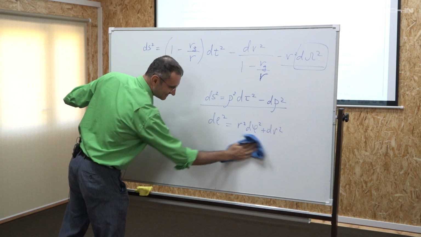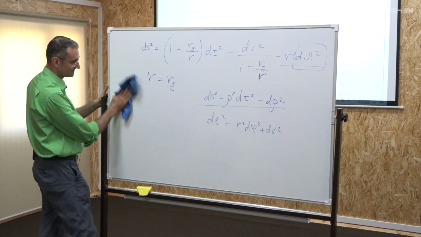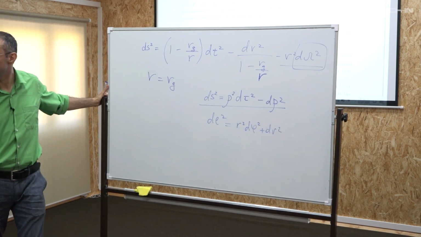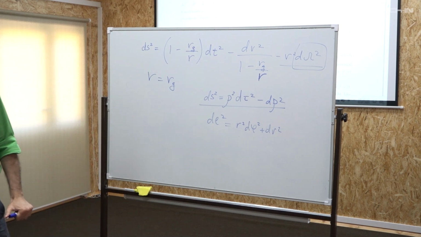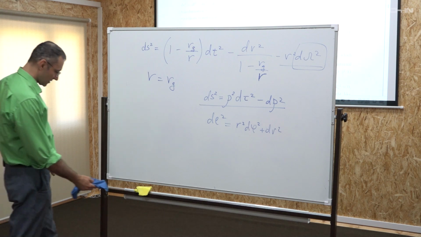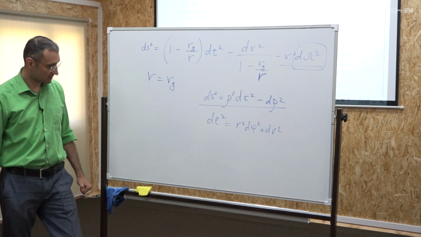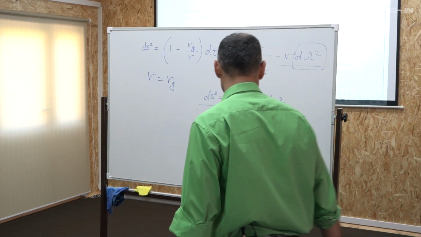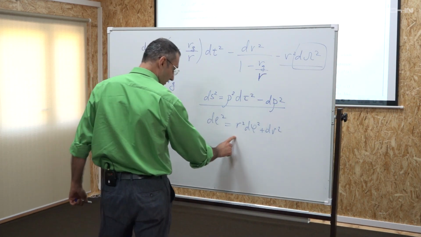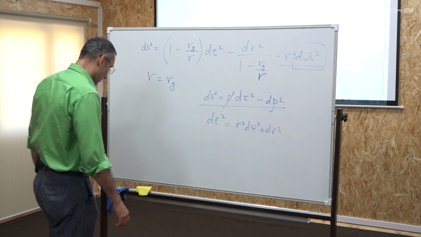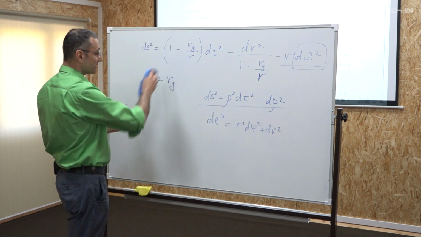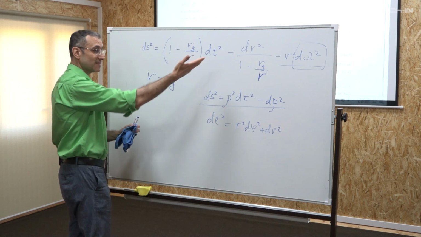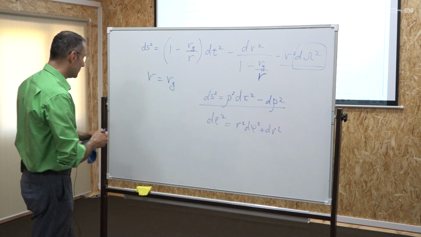But you should start from the range where r is more than r_g. Yeah, I'm going up to that. So here the metric degenerates, but nothing special happens at that point, for the following reason.